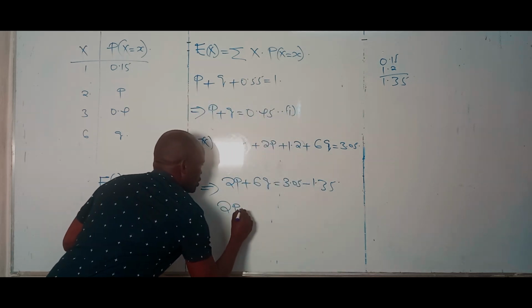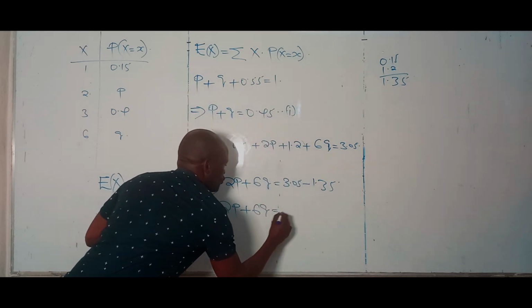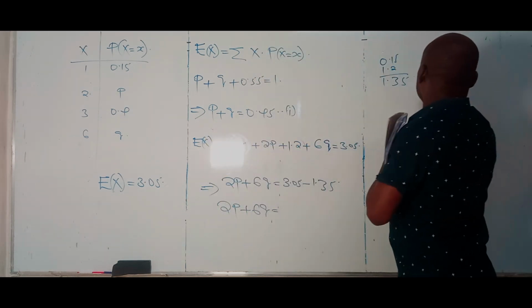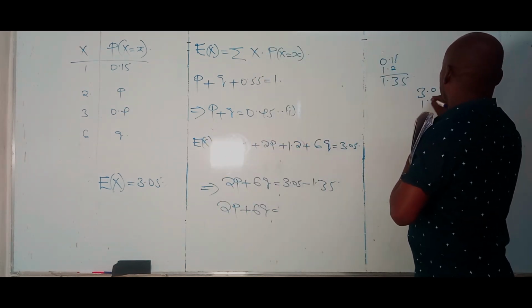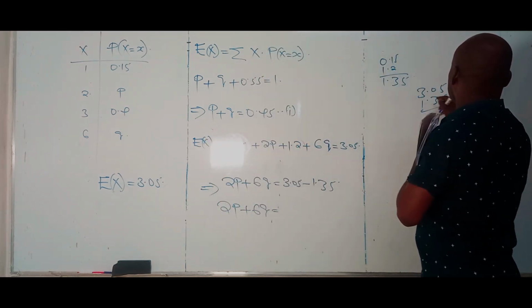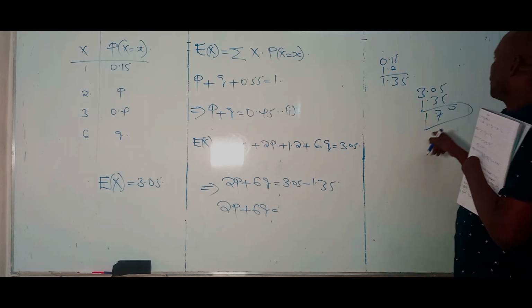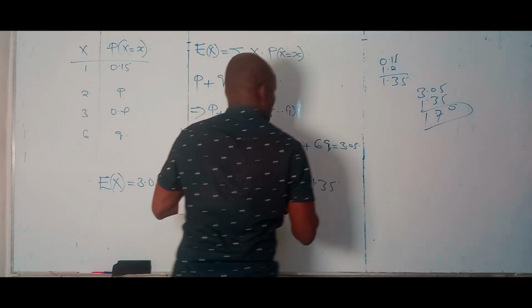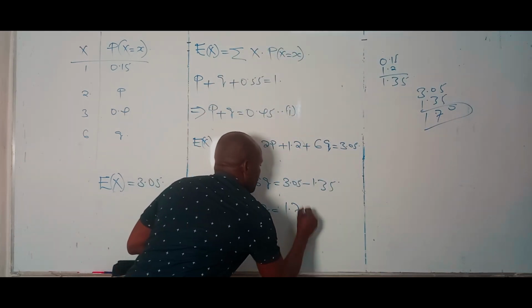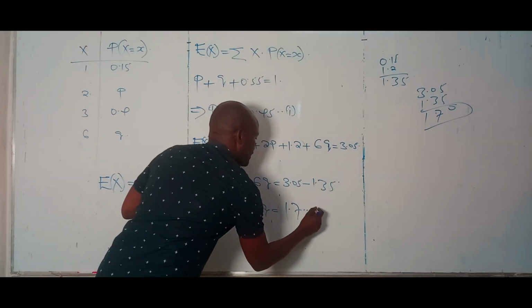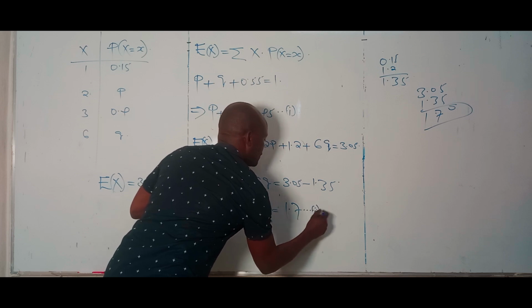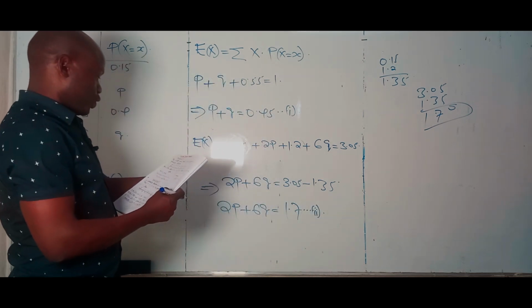Therefore, 2p plus 6q will be 3.05 minus 1.35. That is 1.70, so it is equal to 1.7. So that's the second equation.